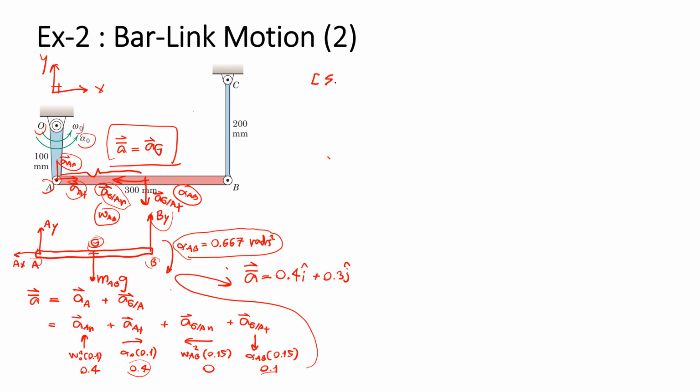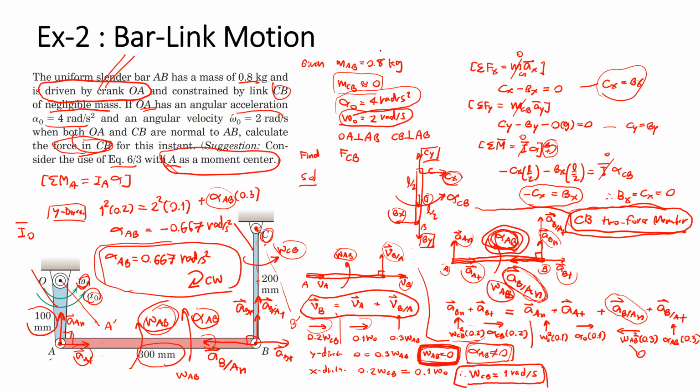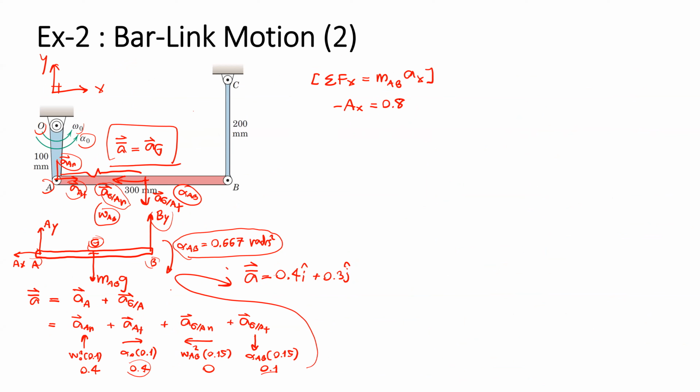Okay, summation of force in the X direction equals mass of AB times AX. In the summation of force, we have minus AX only, which equals the mass of AB, 0.8 kg, times the acceleration in X direction, 0.4.